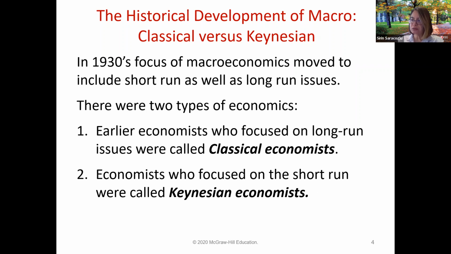Actually, the government should take active policy to eliminate the problems that appear in the short run. There is a famous quote by John Maynard Keynes. He says that we are all dead in the long run, so we don't really know how long the long run is going to take.